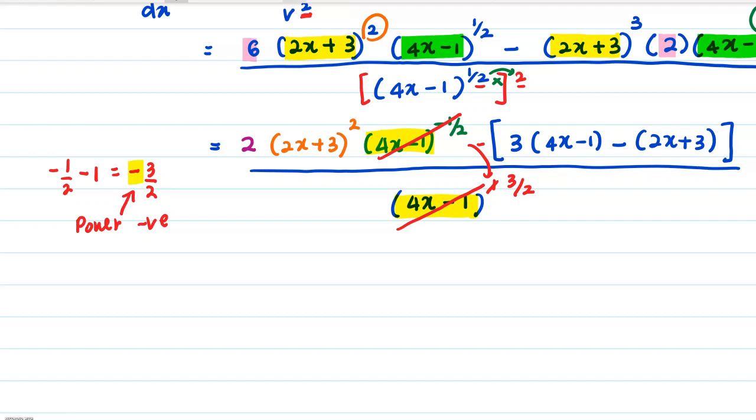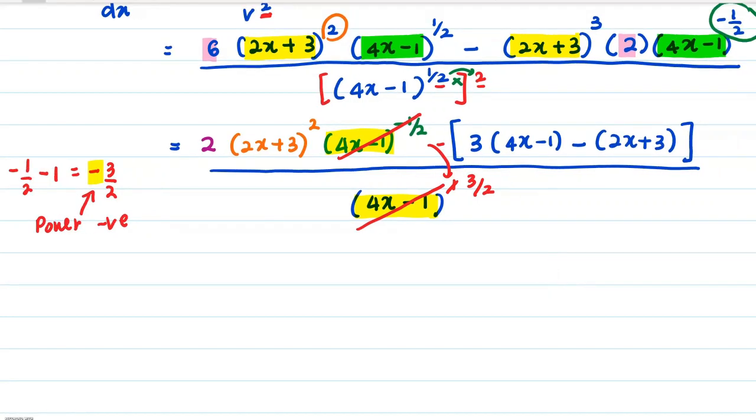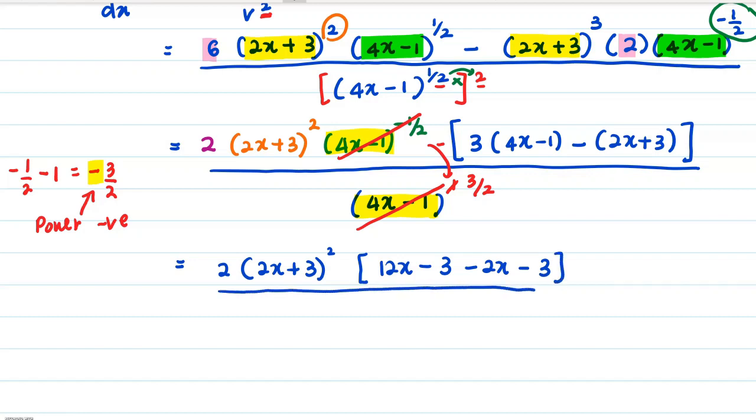Okay, jadi lepas kita dah simplify, sekarang kita akan dapat 2x plus 3 squared. So 4x minus 1 dah tak ada, jadi yang tinggal kat belakang ialah 12x minus 3 minus 2x minus 3 divided by 4x minus 1 power of 3 over 2.